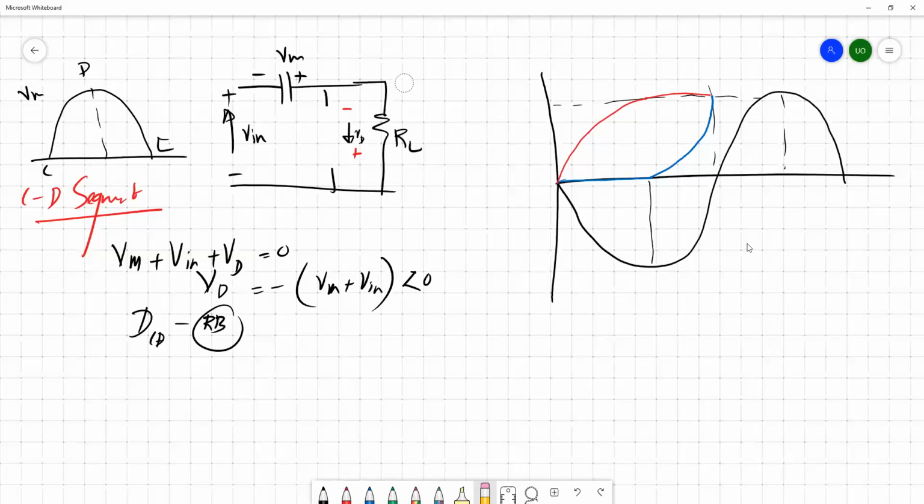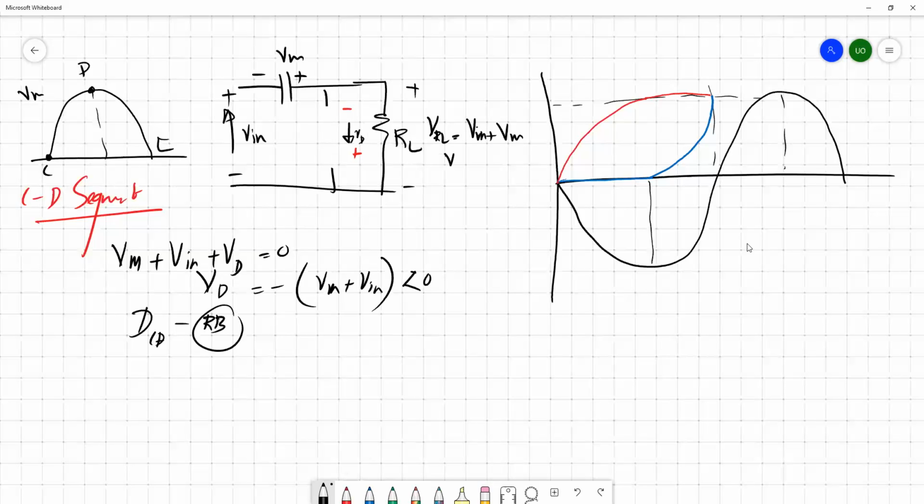So what about the output voltage? During the CD segment, your input is moving from 0 to Vm. So then the output actually equals Vin plus Vm. Vin gradually moves from 0 to Vm.